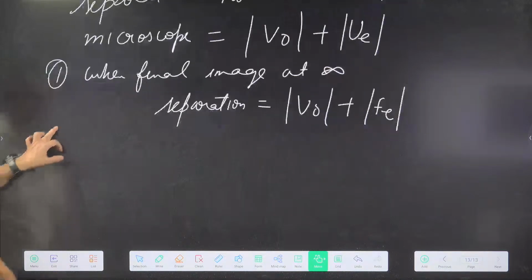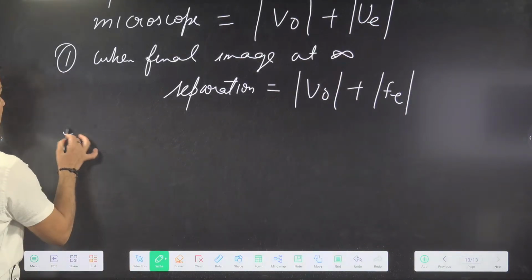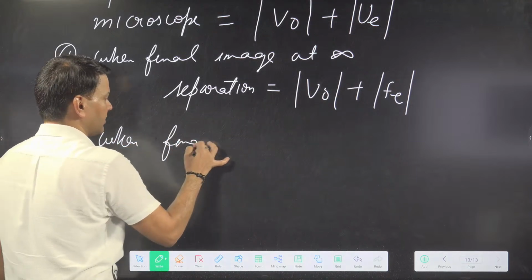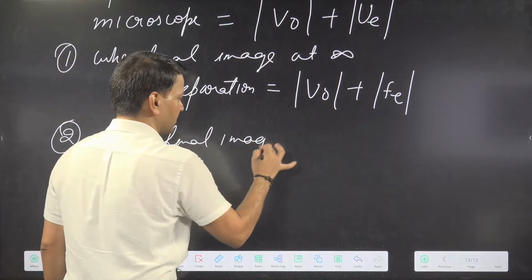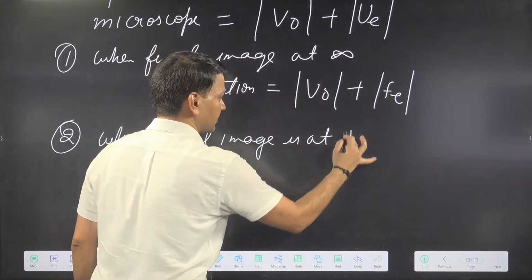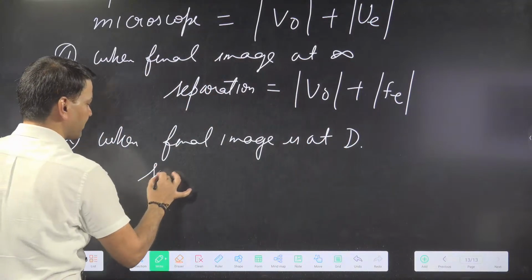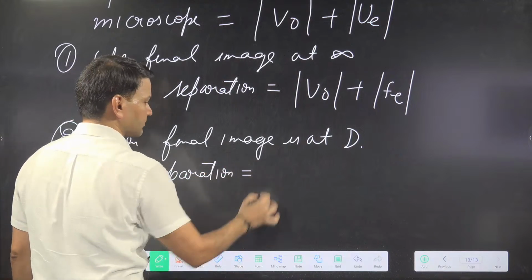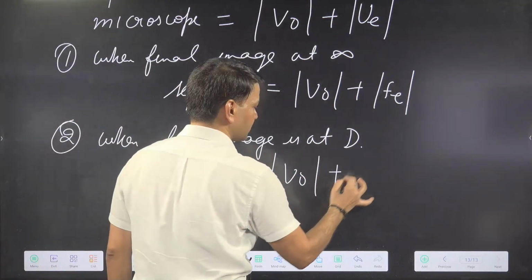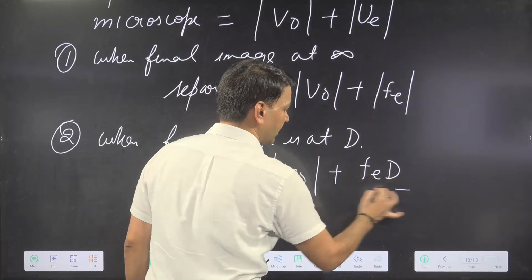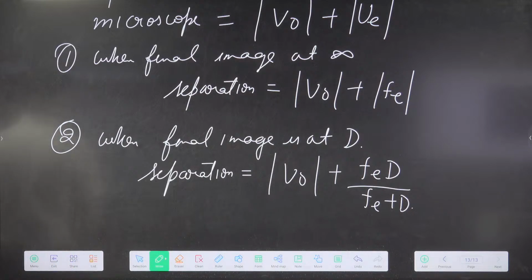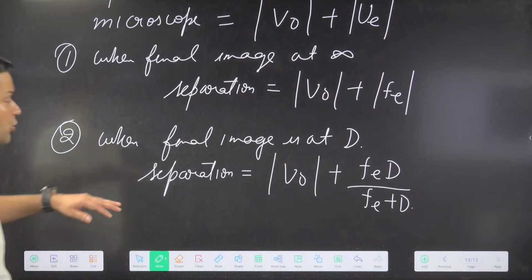And second is what? When final image is at capital D, then separation we will say mod of VO plus FE into D upon FE plus D. Okay, this formula relation directly you have to remember.